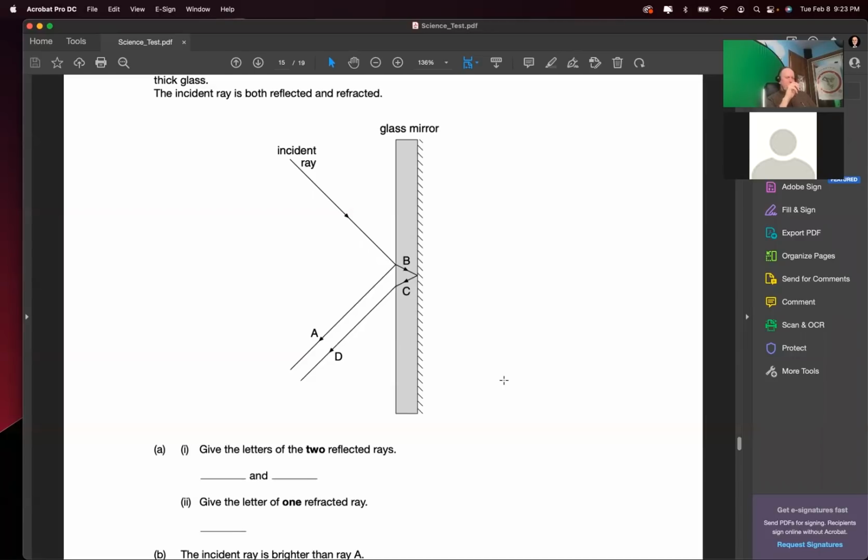Here's the incident ray, and there is ray A. You could say the energy in the incident ray has been split up between rays A and B. And so each one will have less energy and be less bright.